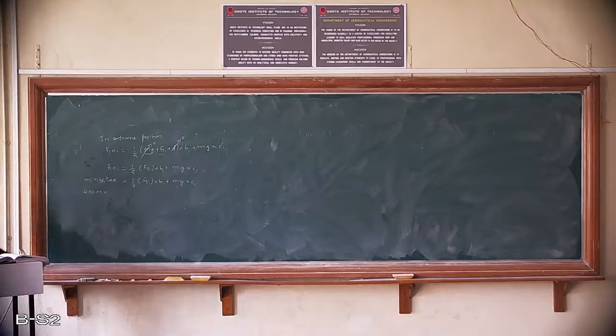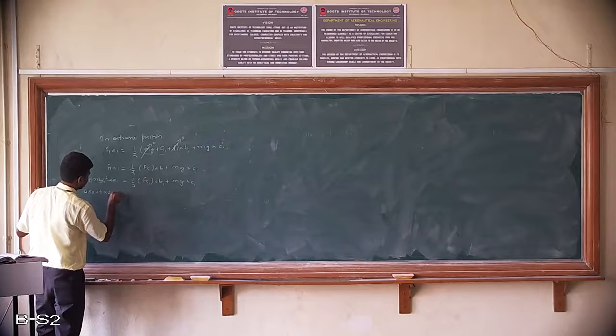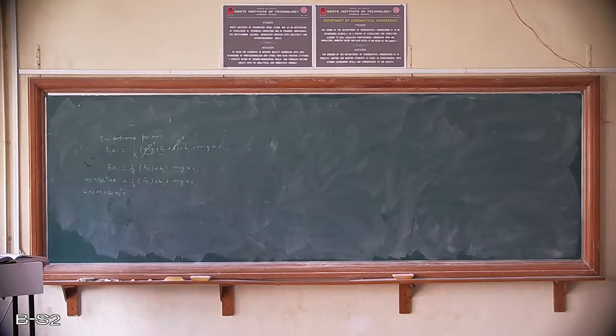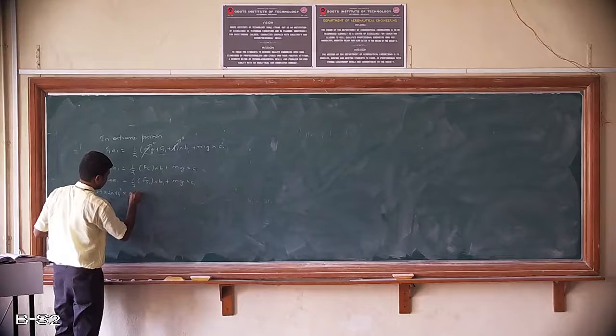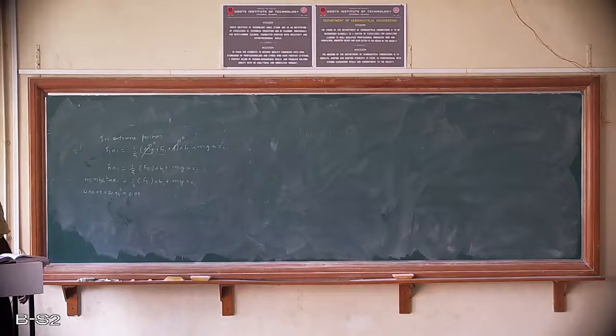The value of omega 1 we have already calculated, that is 20.94 square, because it is omega 1 square, into the value of A1 we have calculated. The value of A1 is 96.82 mm, so it should be substituted in terms of meters.